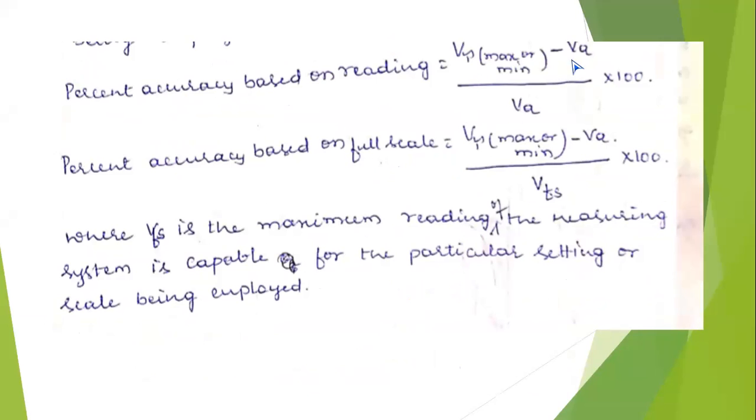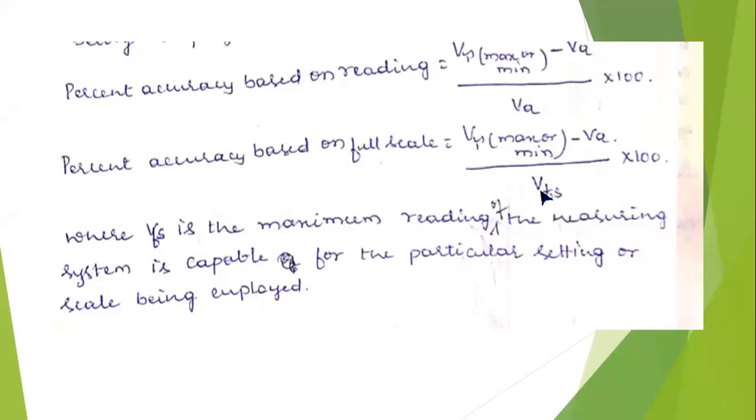In the first case, the actual reading is deducted from the maximum error, divided by the actual reading, multiplied by 100. That gives you the percentage of accuracy. Next, in the maximum scale, how much error you have, that is, how the actual reading differs from the full scale reading.